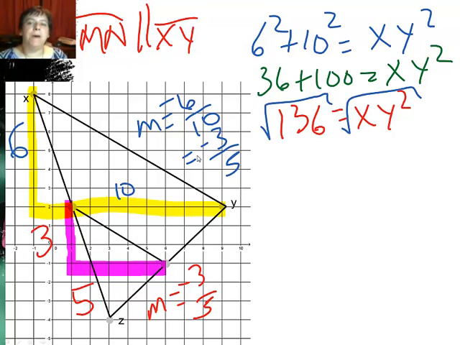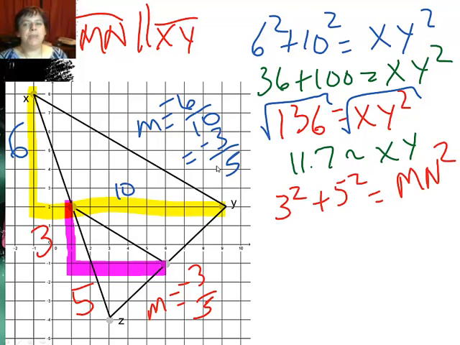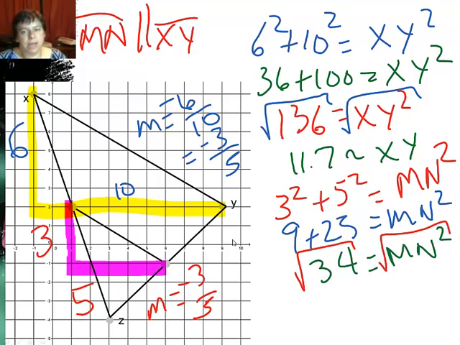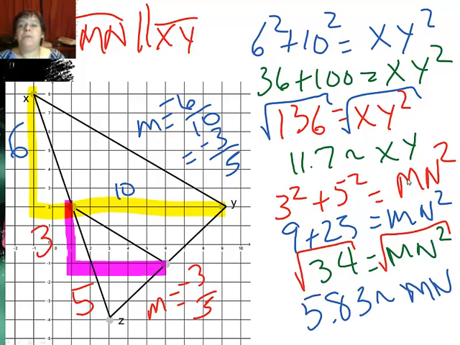I can take the square root of both sides to find the length of XY, and using my calculator, I get approximately 11.7. I do the same thing for the midsegment. 3 squared plus 5 squared equals MN squared. 9 plus 25 is MN squared, which is 34. Take the square root of both sides, and I have about 5.83. If you double that, you will have about 11.7. So you can see that MN is half of XY.